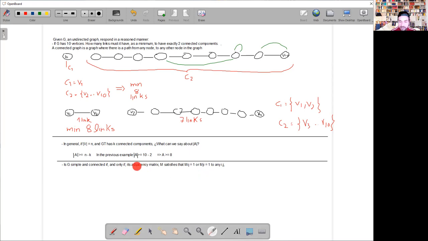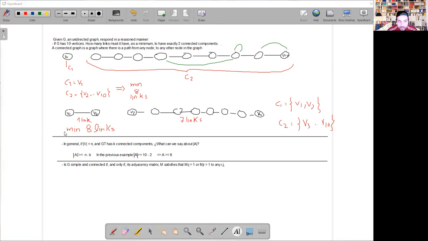Remember that the adjacency matrix only tells if two nodes are adjacent to each other, right? If there is a path of length 1 from one to the other. So think for a second about it. What is a connected graph? We have defined this already, right? And what is a simple graph?